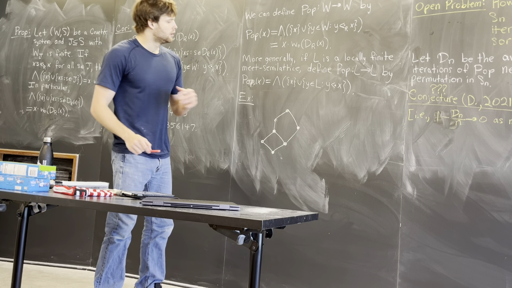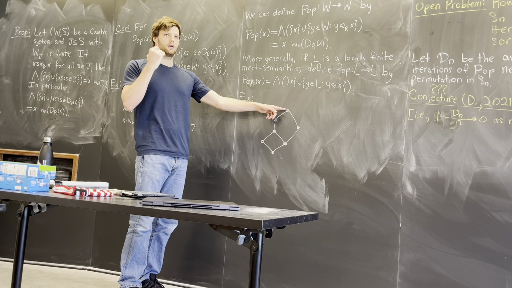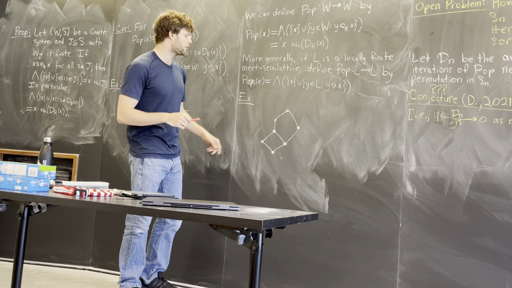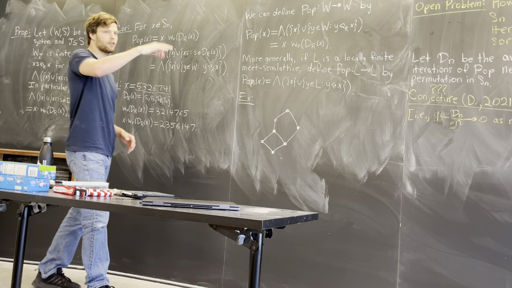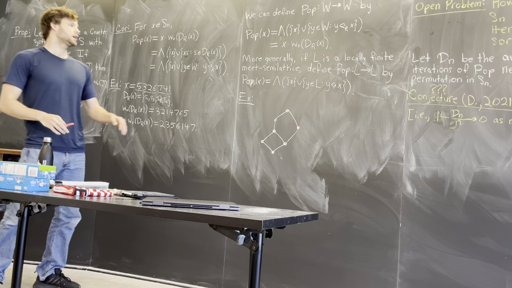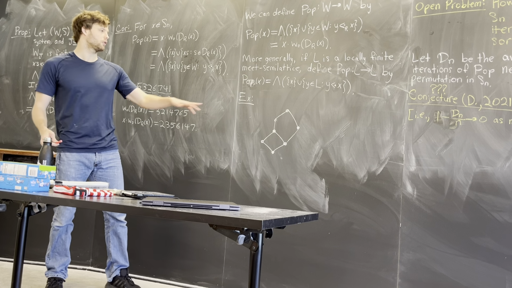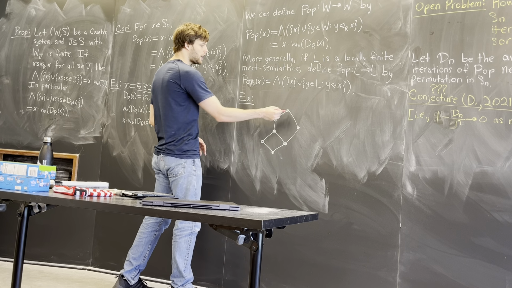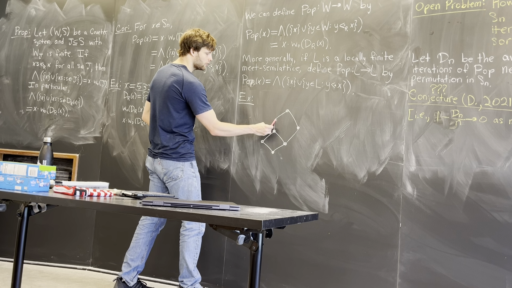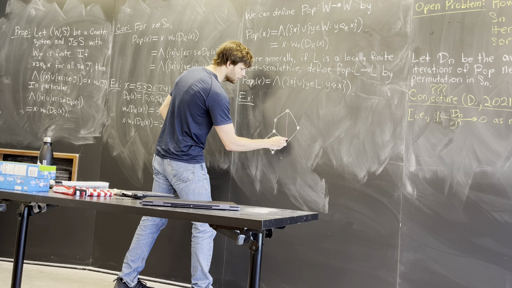So if I apply pop to the top element, there are two things that are covered by the top element. Okay, so I should say what I'm really doing is I'm taking the meet of the things covered by x. Here I also wrote x, but that doesn't actually matter unless x is the bottom element. That's the only reason for having this in here. So really what I'm doing when I apply pop to the top thing is I take the meet of these two elements, and that would be this element here. So pop sends this top element to here.